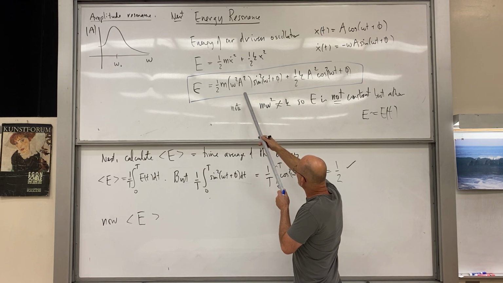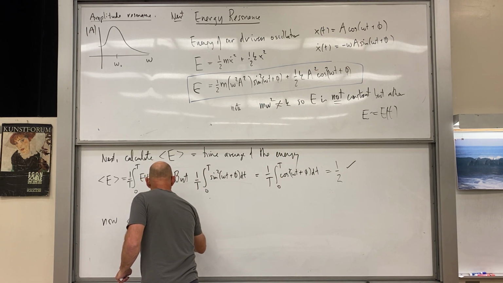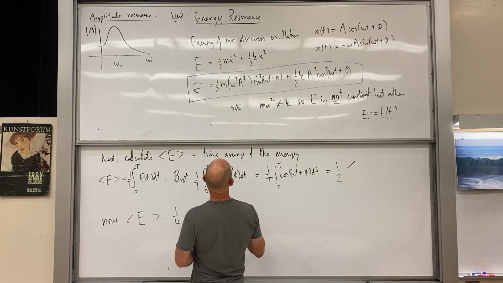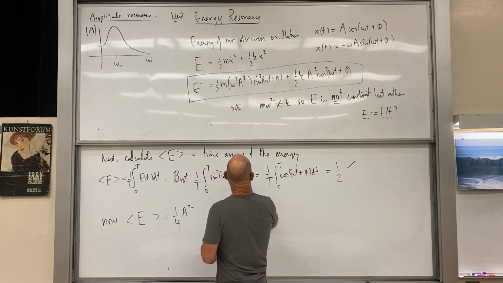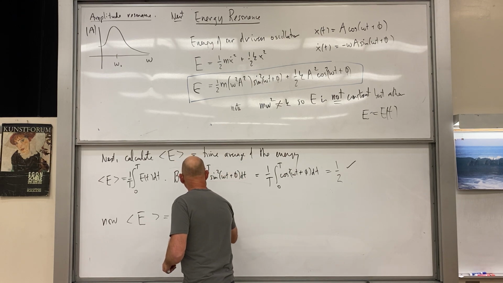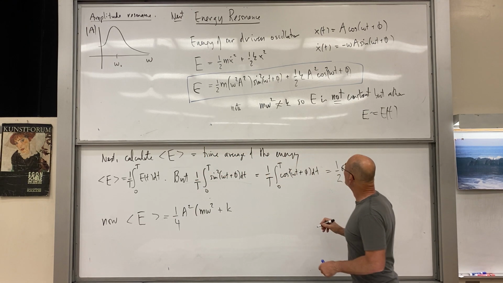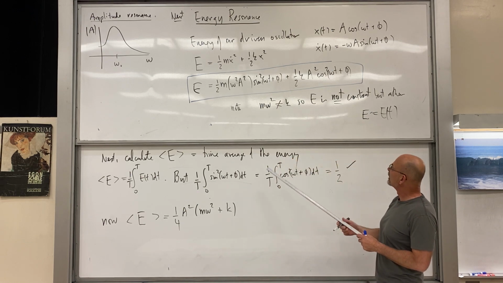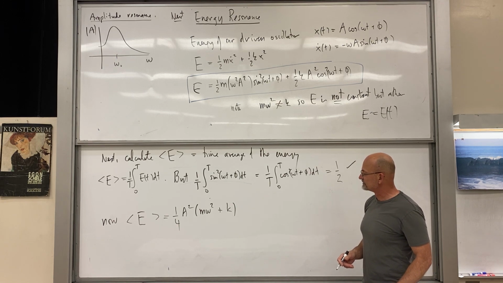So 1/4 a squared, and then m omega squared plus k, and now we have to go ahead and put the amplitude squared in that we have there before.